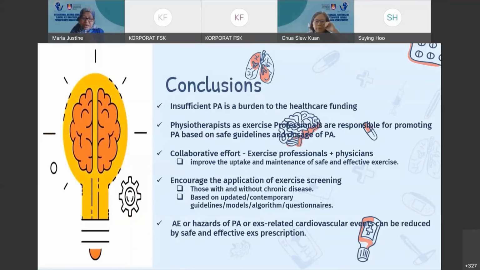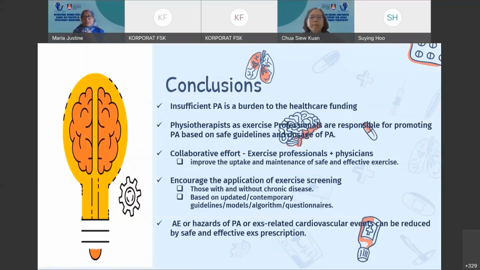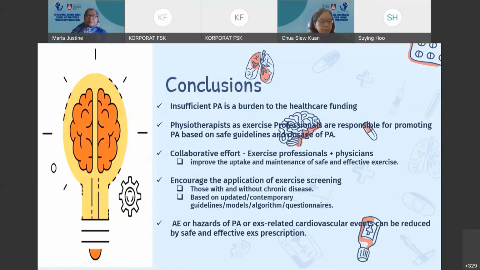As professionals, we need to collaborate with physicians to improve the uptake and maintenance of safe and effective exercises. We need to do exercise screening for those with and without chronic disease based on updated, contemporary guidelines, models, algorithms or questionnaires. Why? Because we need to prevent certain hazards; exercise-related cardiovascular events can be reduced by safe and effective exercise prescriptions.